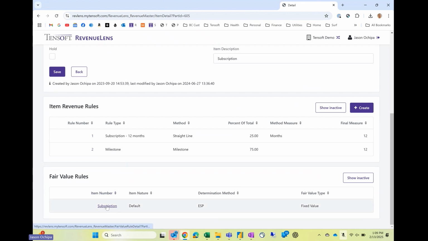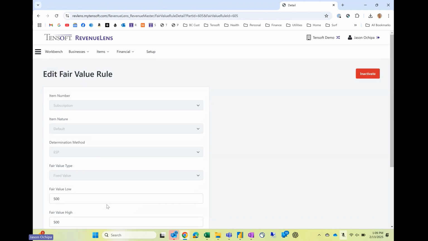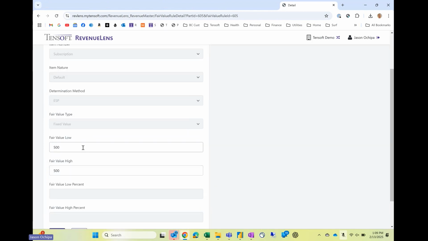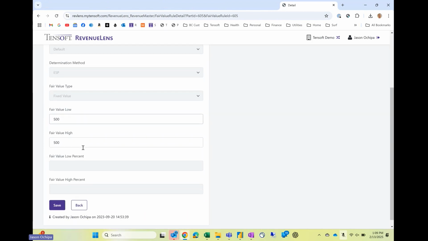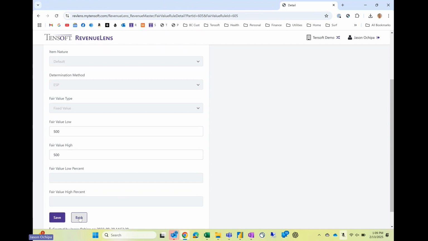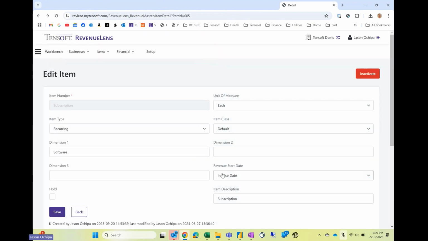But if you are doing fair value allocation, you would have to say what is my range of selling price for that particular item. So when the agreement comes in, you would take that total value for whatever you say the contract is, and then allocate it amongst each item or performance obligation on that revenue agreement based on each item's relative selling price.